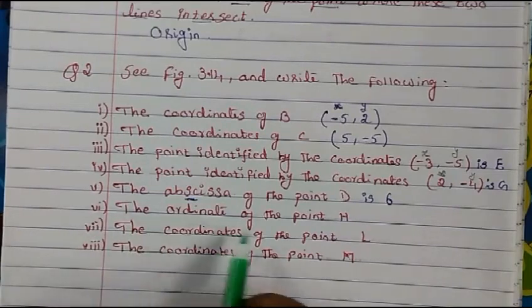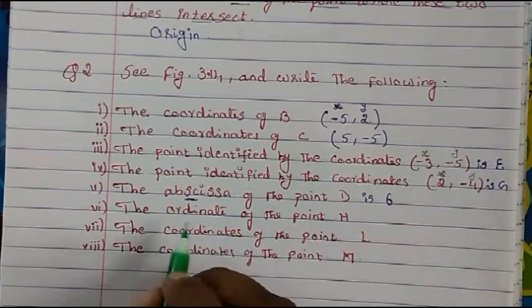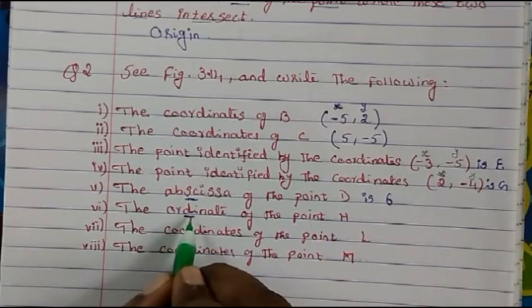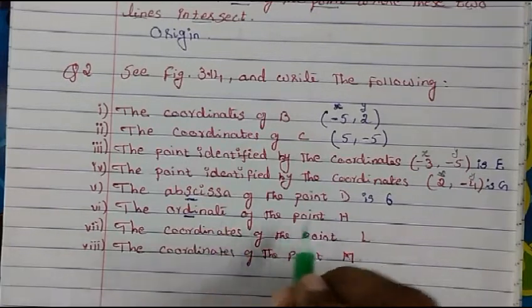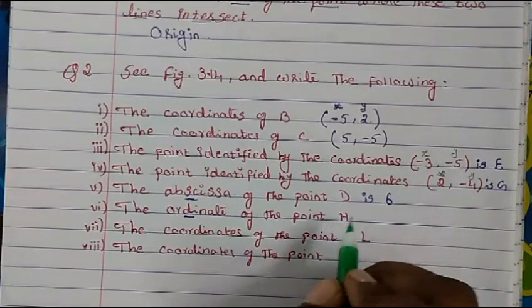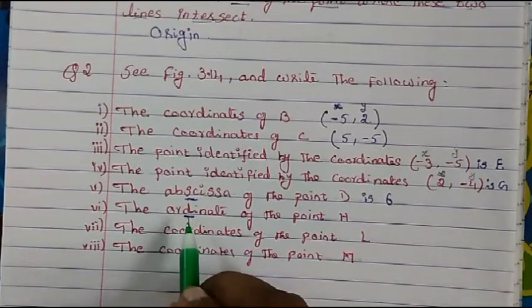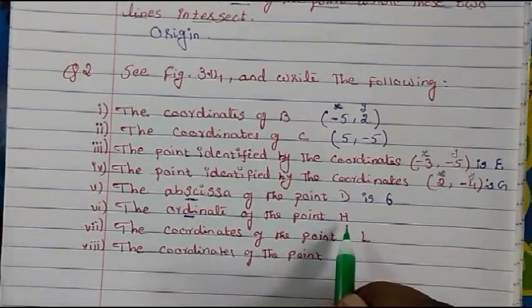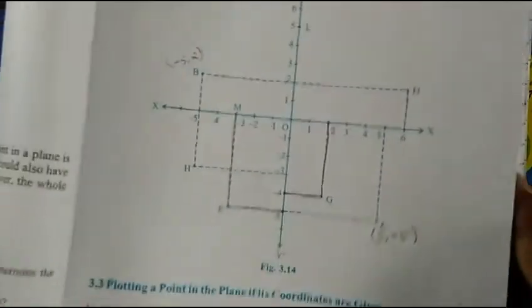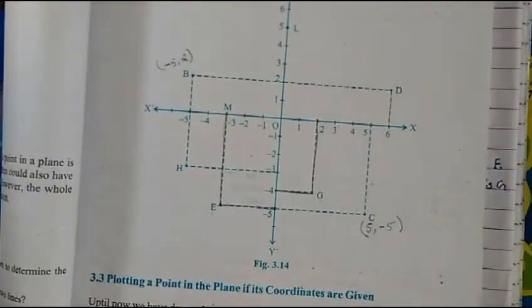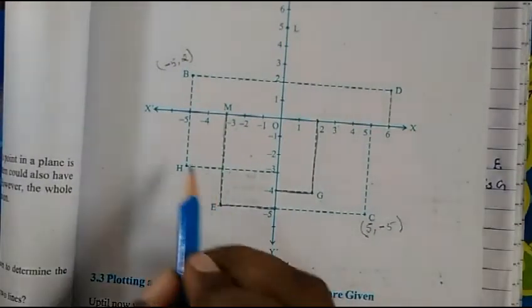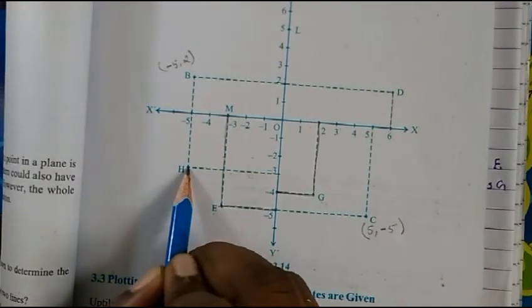Now next, the ordinate of the point H. Ordinate meaning, I said, the y value is called ordinate. So for H, what is the value of y? This is H, so H is here.